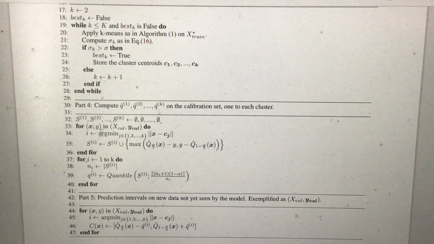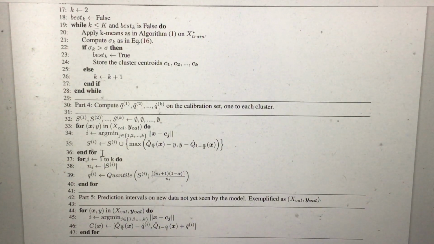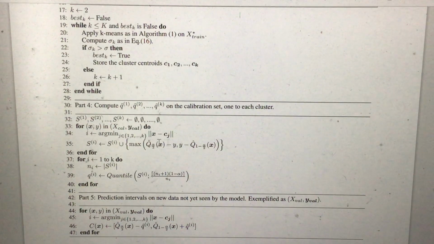The first loop we'll do the minimum for each calibration sample to find the smallest one for this distance, and we can get S1 to SK from this. And also, after we find this, we can get the quantile for each cluster, which is Q hat 1 to Q hat K.